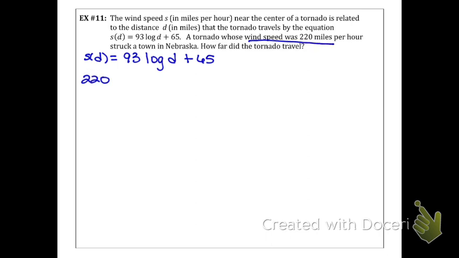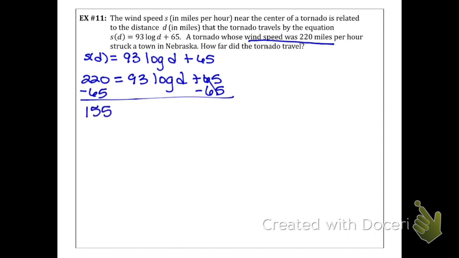So I'm going to plug that in and solve this for d. Subtract the 65. Divide by the 93.